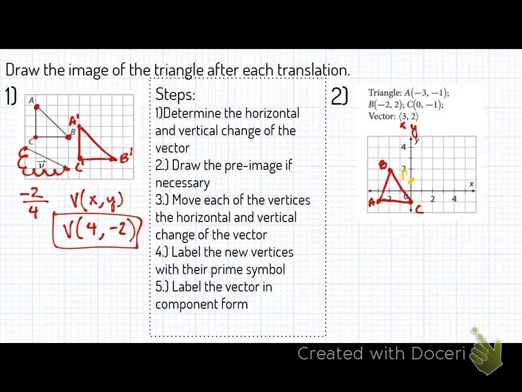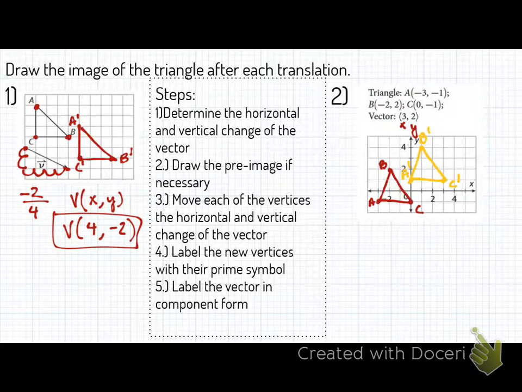This is my A prime. B is going to be over 3, up 2. There should be a point here, B prime. C over 3, up 2. This is C prime. Then we draw our triangle, and we are done. This is our translated image, right?